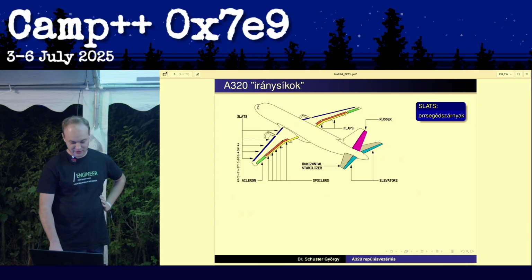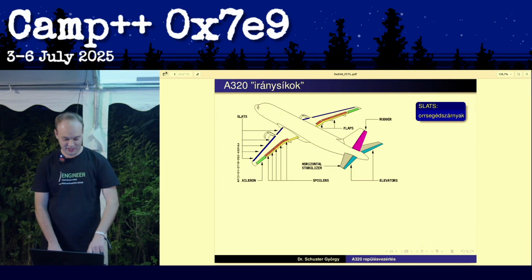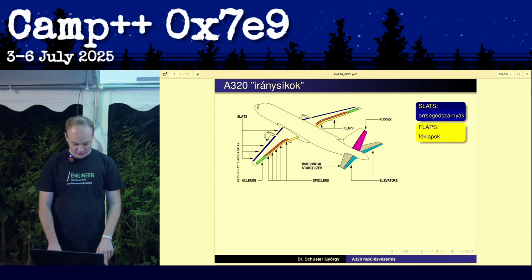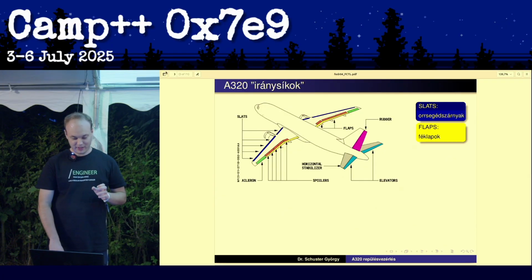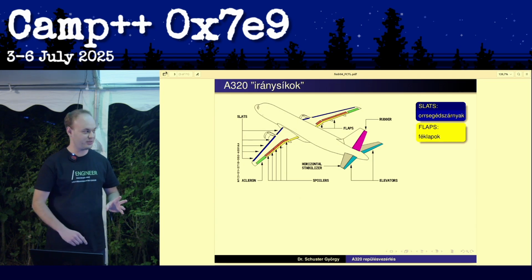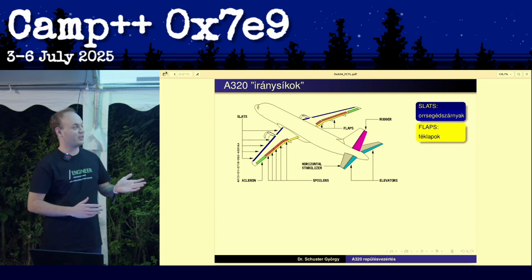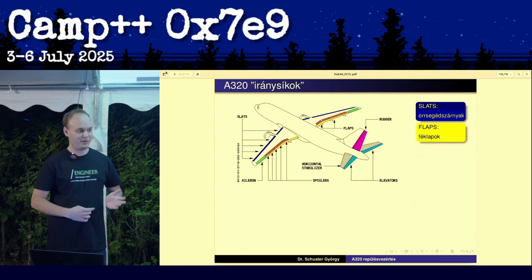You have these, called the slats, on the front. The flaps. That Hungarian name does not exactly describe what it really does. Mi a féklapoknak hívjuk magyarul, de valójában nem a fékezés az elsődleges feladata.